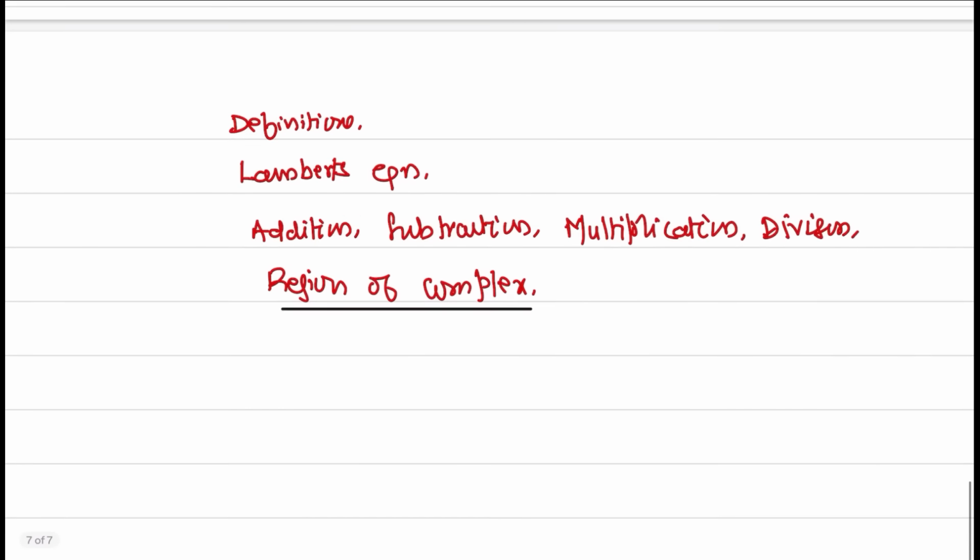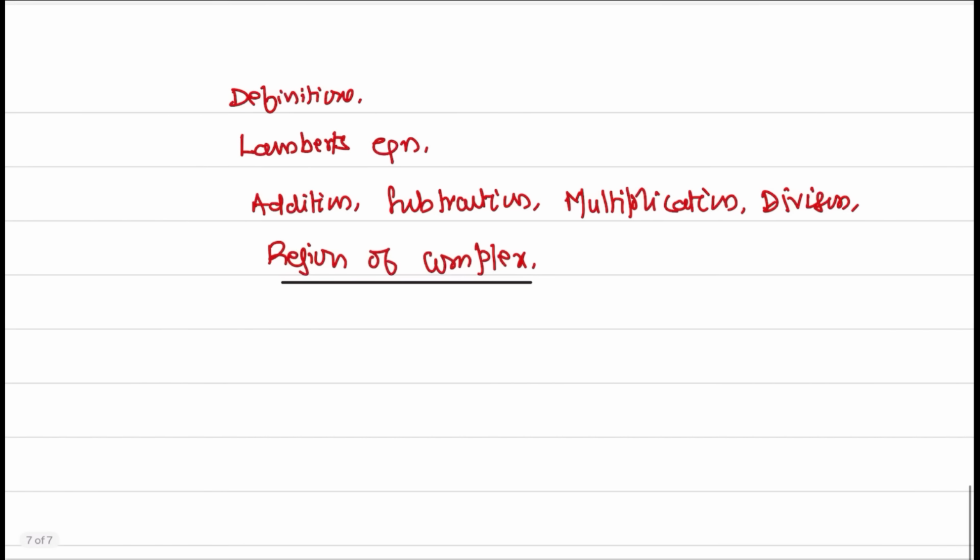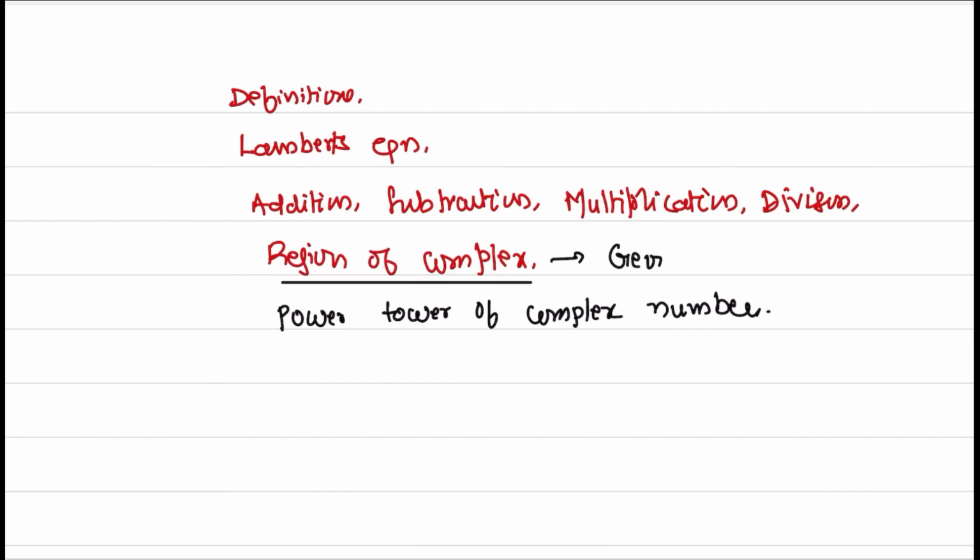And today we understood, and not only today, for 1 or 2 examples we have developed on the power tower of complex numbers. Region of complex numbers is geometry involved in it.